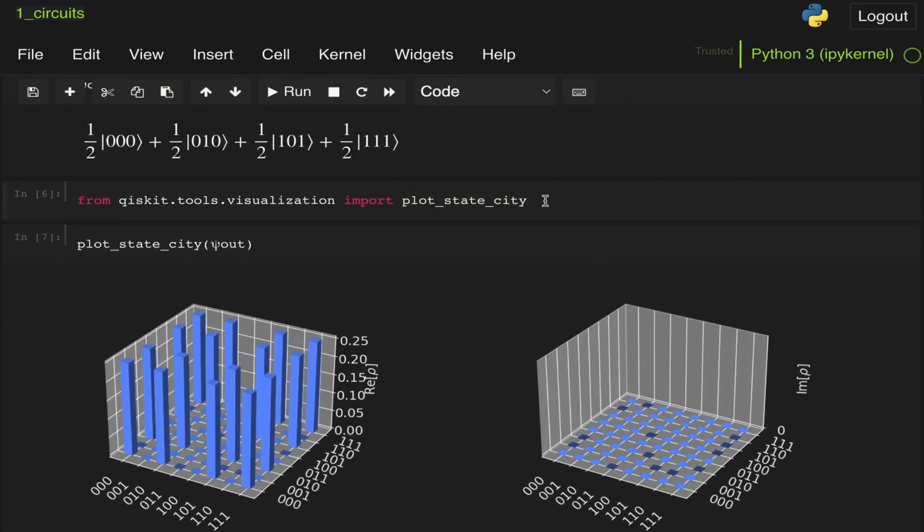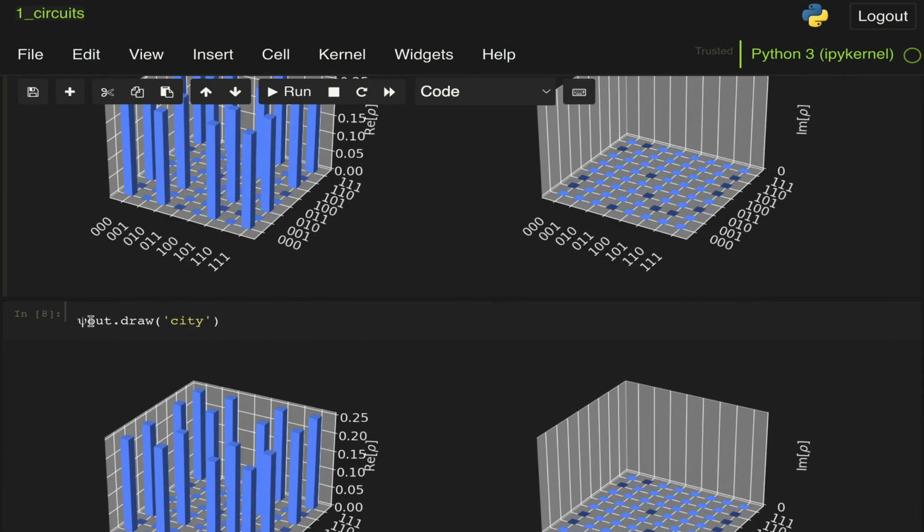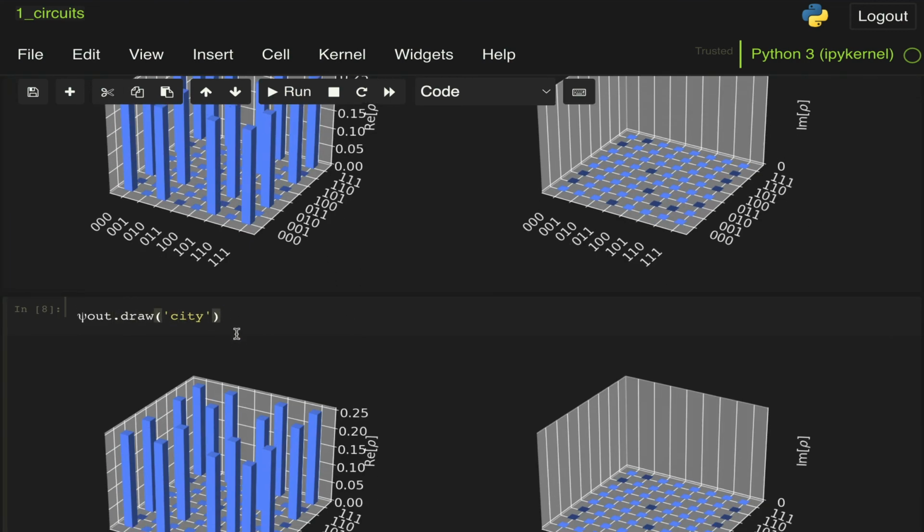This is something that you can still do, and instead of passing a state vector object, you can pass a numpy array, but this just makes things significantly easier.